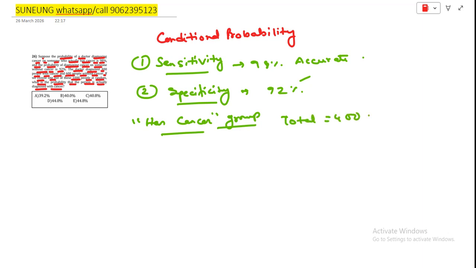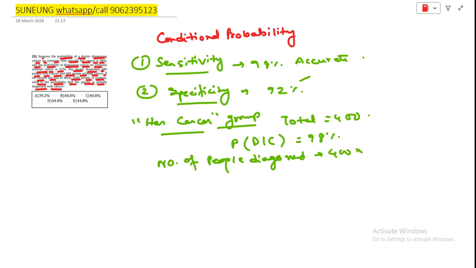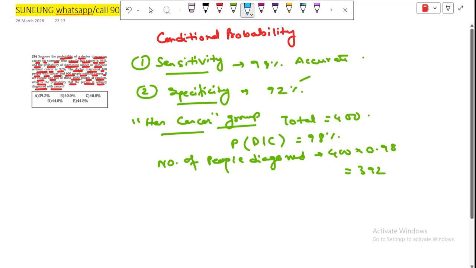Now the probability of diagnosis given they have cancer is 98%, right? Now the number of people diagnosed here, 400 times 0.98, that is 392, right?